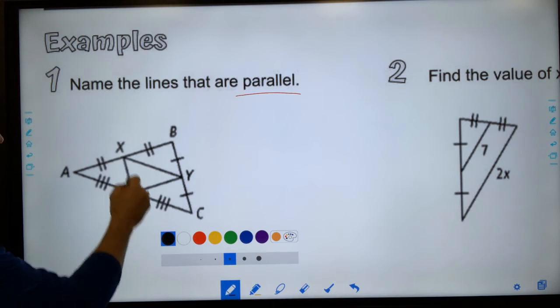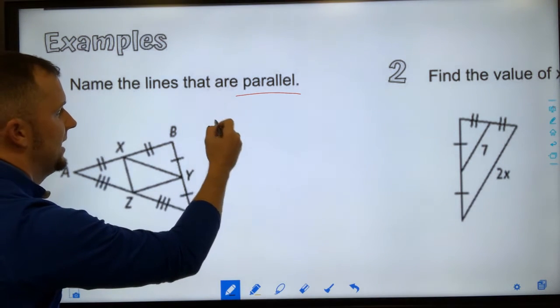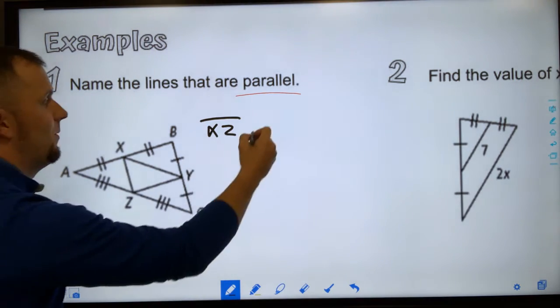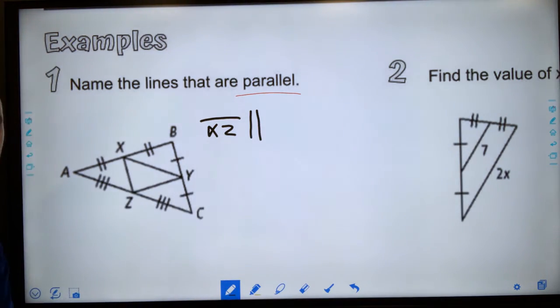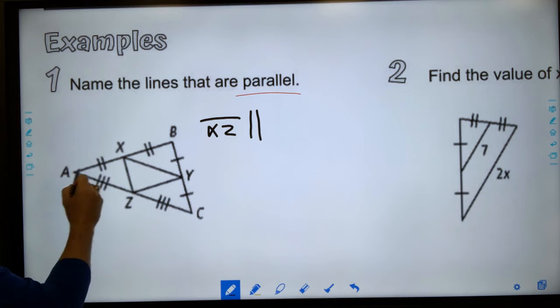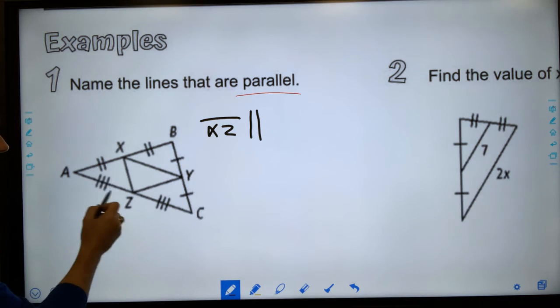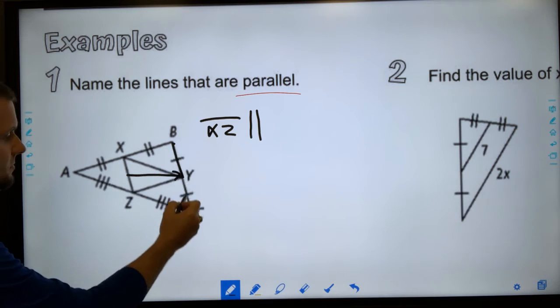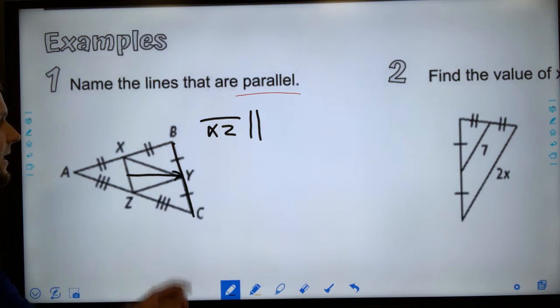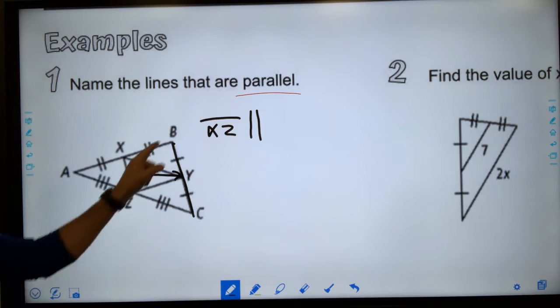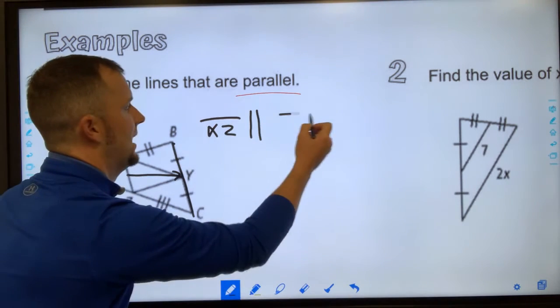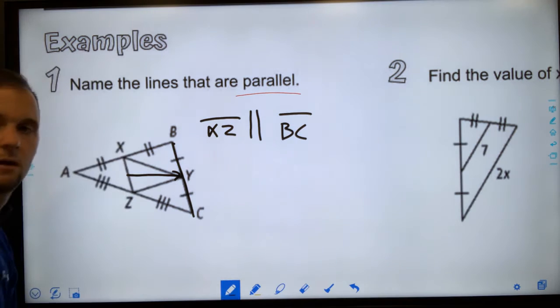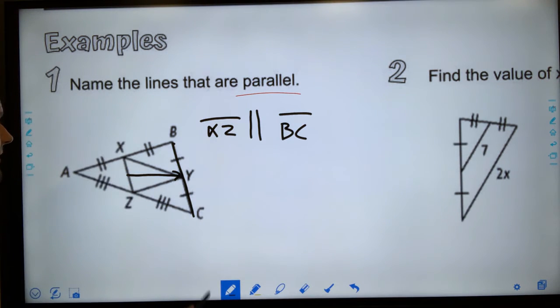I have line XZ, and I want to figure out which line it is parallel to, the third side. Well, let's look. I have one side, two sides, and the third side, basically opposite of it over here, is going to be BC. So right now, ladies and gentlemen, XZ is going to be parallel to line BC. So that's one, and now we need to find the other ones.